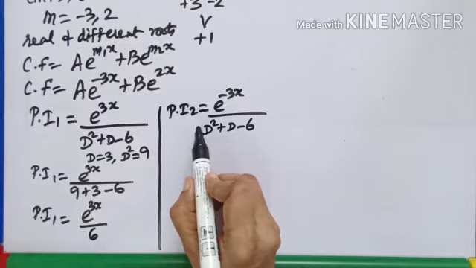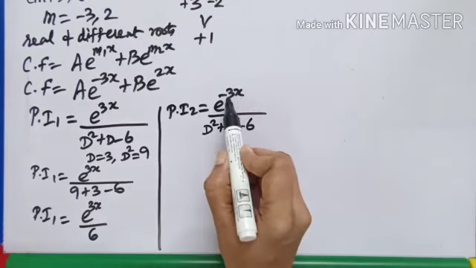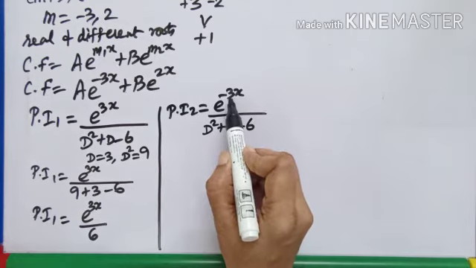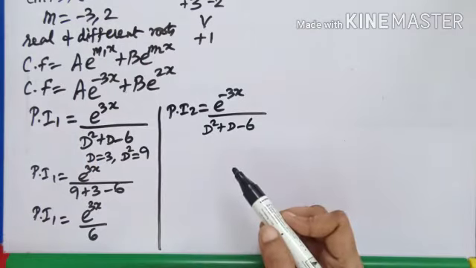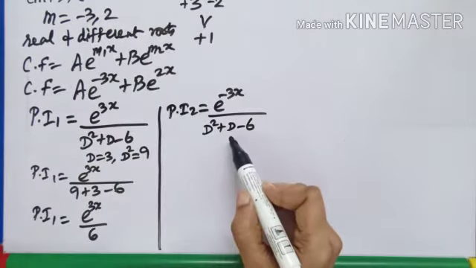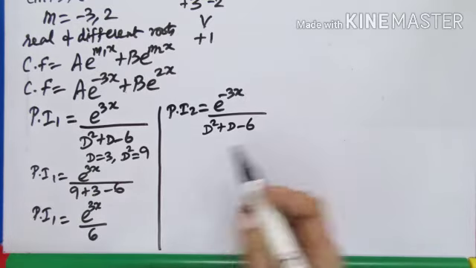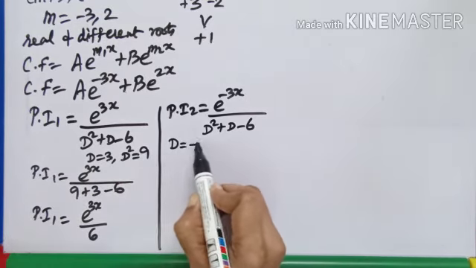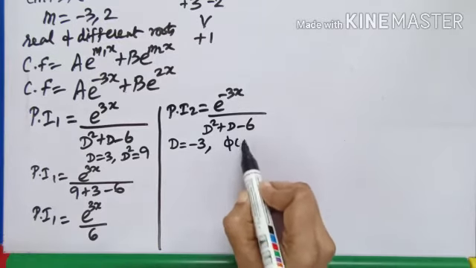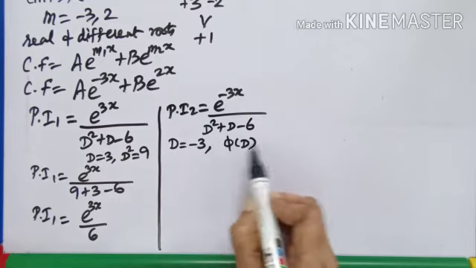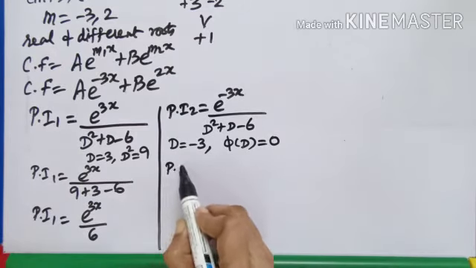Particular integral 2, I have e power minus 3x. Minus 3 is the power here and minus 3 is the answer here also. If I put minus 3 for d, the denominator will become 0. So when d is equal to minus 3, the denominator, say phi of d, becomes 0. What is the procedure?